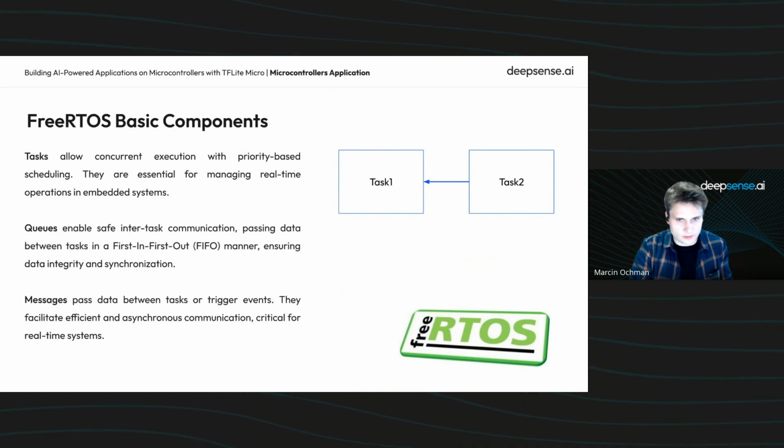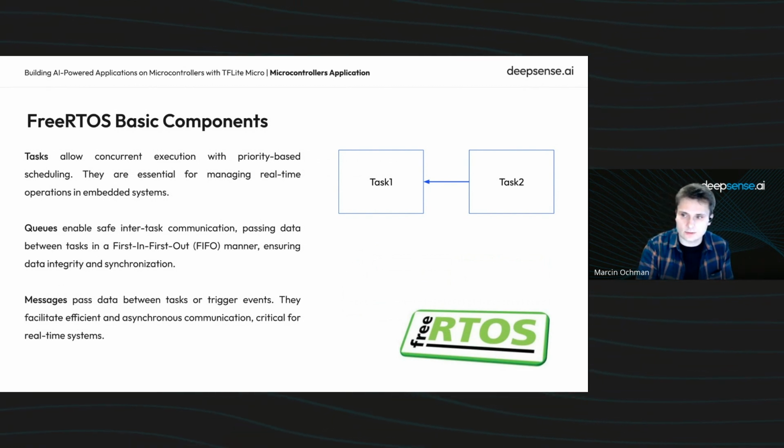The main components of FreeRTOS used by developers are tasks and queues, and the slide features a figure with two tasks, where task 2 sends data to task 1, and this communication is implemented using FreeRTOS queues, which serve as a safe and efficient mechanism for exchanging data between tasks.